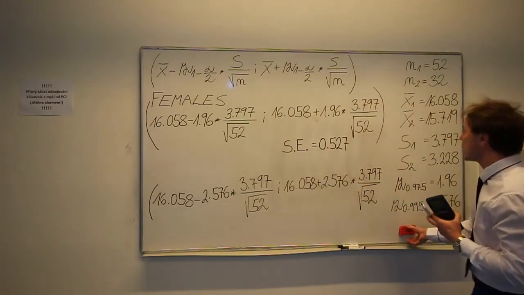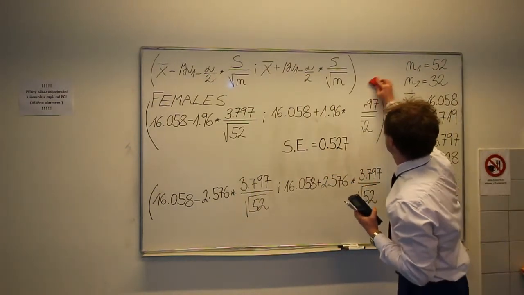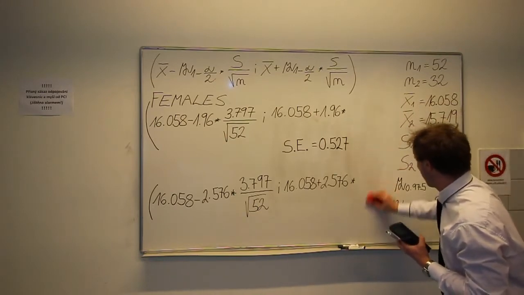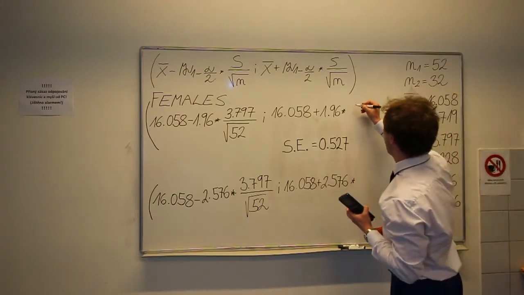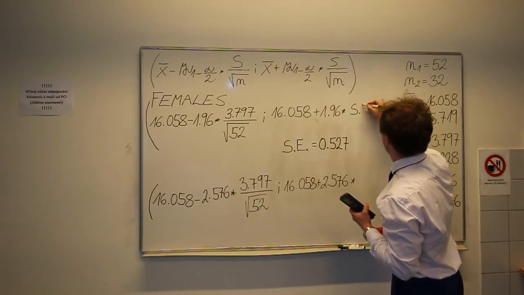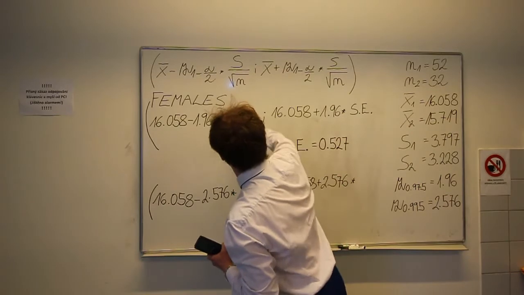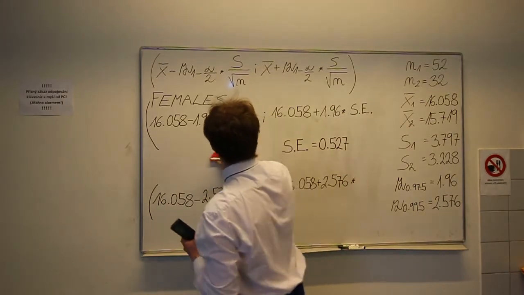0.527, yes? So if we know that this is sample error, we can write everywhere quantile times sample error.